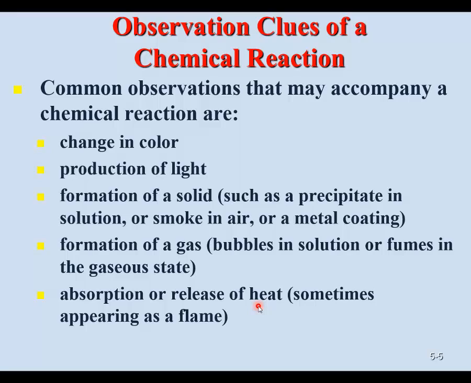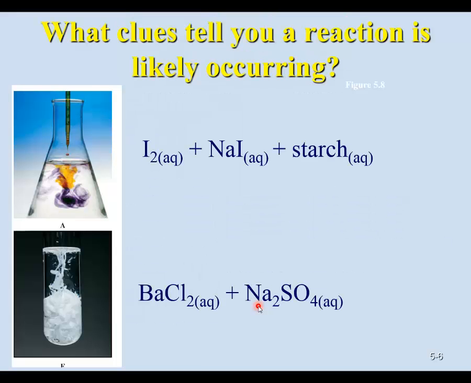Let's look at a few pictures of chemical reactions that could potentially occur in the lab and see if we can look for some of these observations or hints that a chemical reaction is occurring. So first of all, if we have elemental iodine being reacted with sodium iodide in the presence of starch, let's see what observations we might make that could indicate a chemical reaction could be occurring.